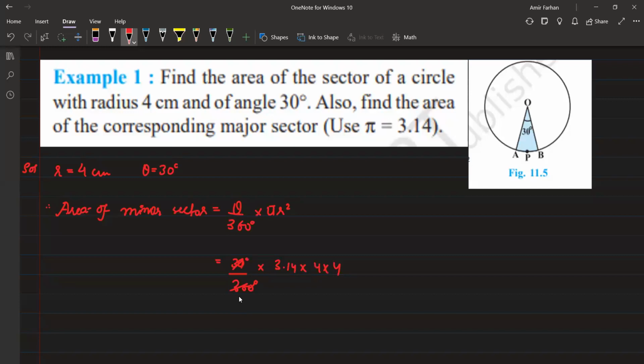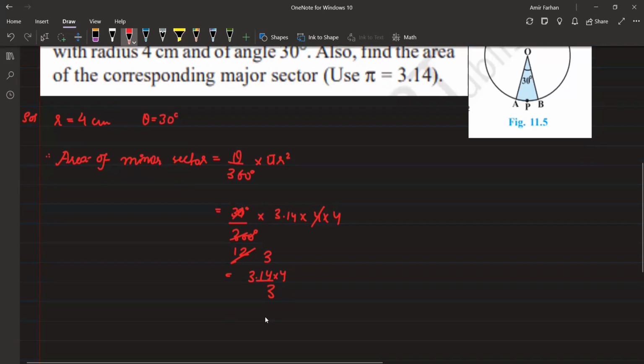So 30 and 360 cancel by 12 times, and 4 and 12 cancel out 3 times. Clear? So the remaining is 4 into 3.14 divided by 3. So it is equal to 4.18 centimeter square. Clear, Adil?